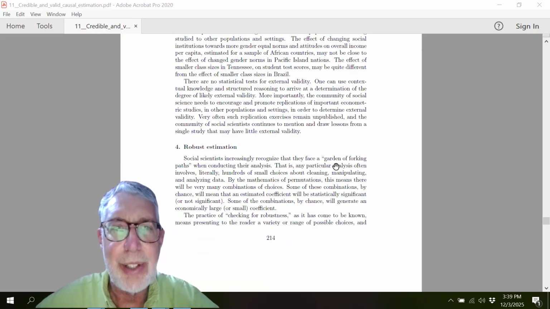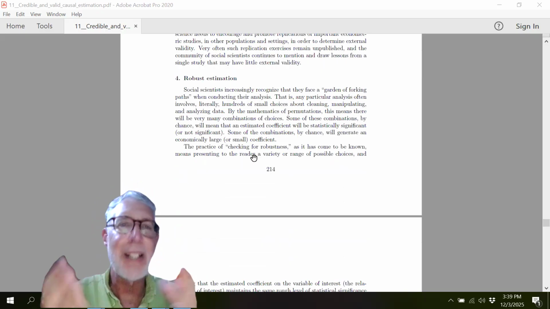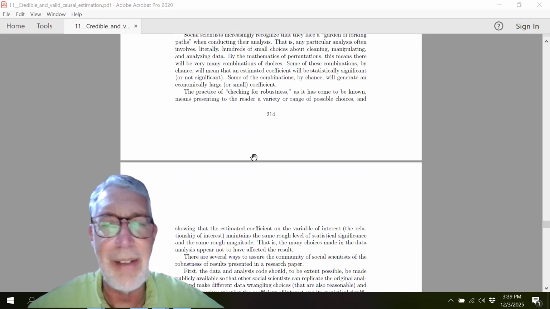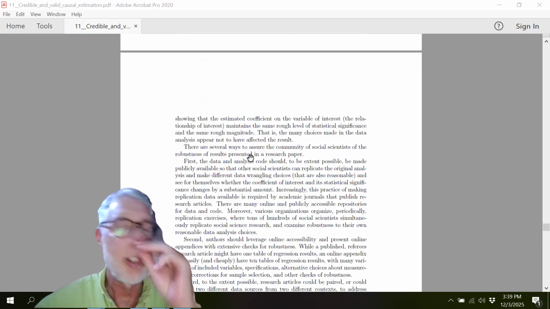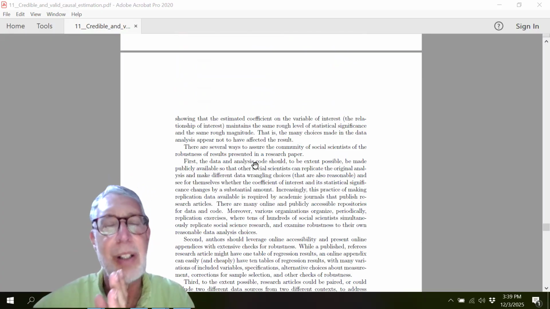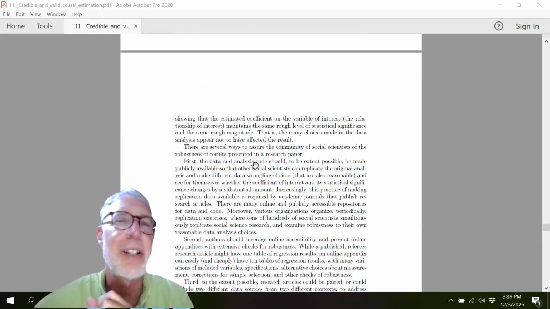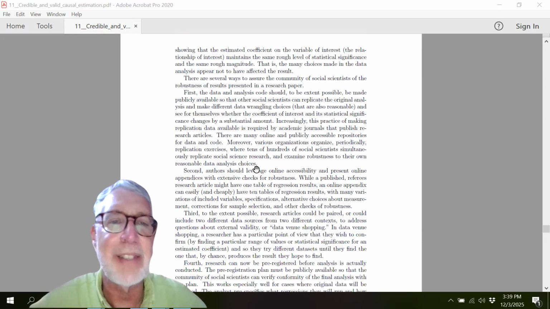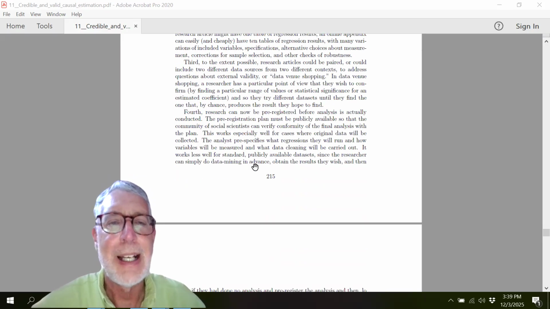Then the chapter goes on to discuss checking for robustness, which we've been doing in Econ 42 extensively, making sure that when we run an equation, estimate a relationship, we do a variety of specifications of that relationship.